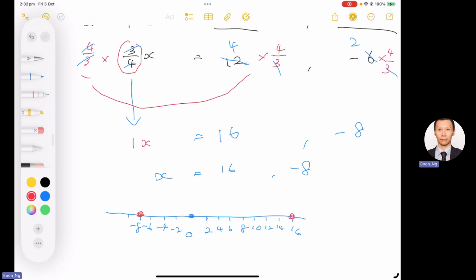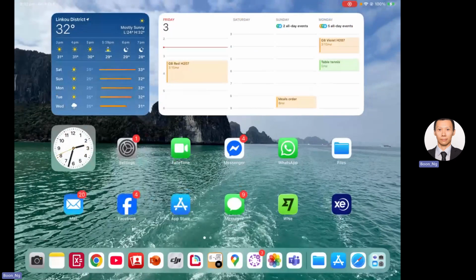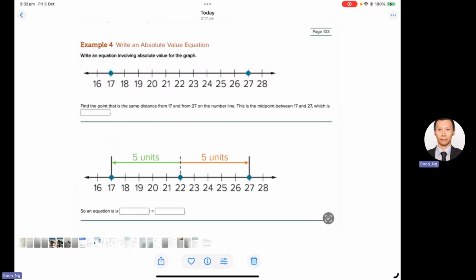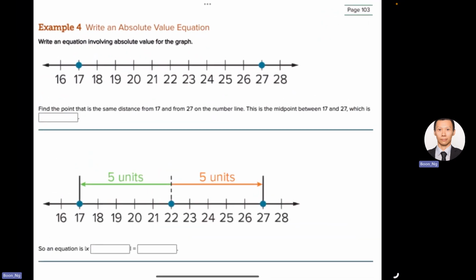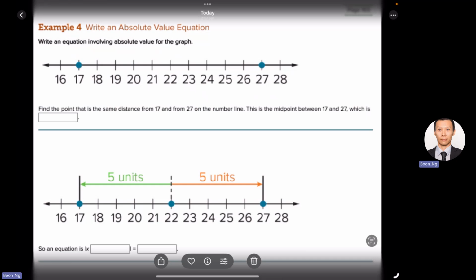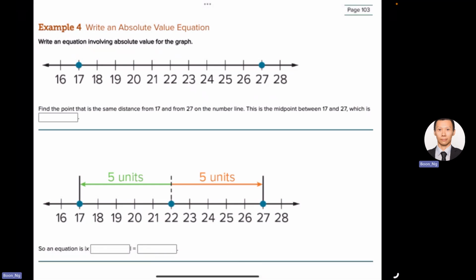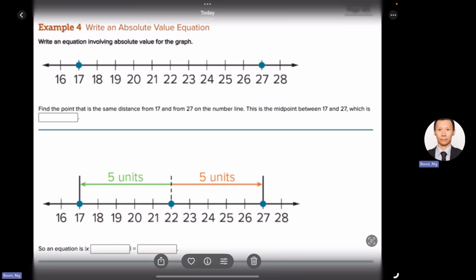All right. And the last example basically is this. We are going backward. From this graph, we can know that the answers are x is 17 and 27.